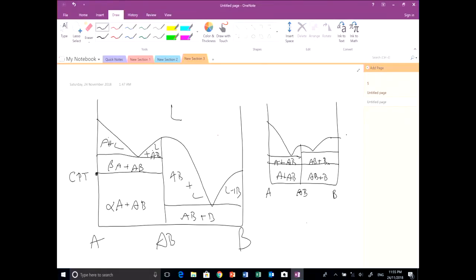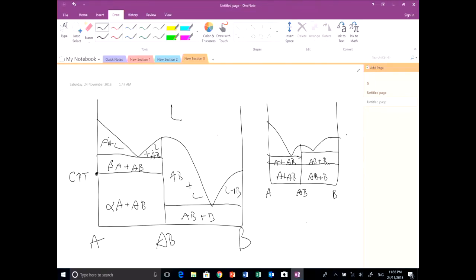So there are two possibilities here. One possibility is that A and B undergo a crystallographic phase transformation at exactly the same temperature. And do you know the odds of that? Infinity. There are no crystallographic phase transformations that occur at the same temperature.